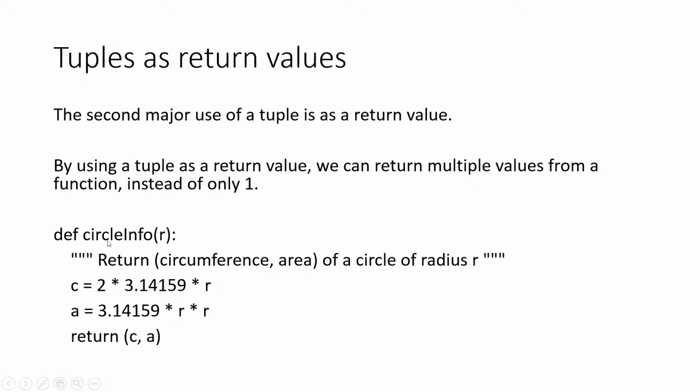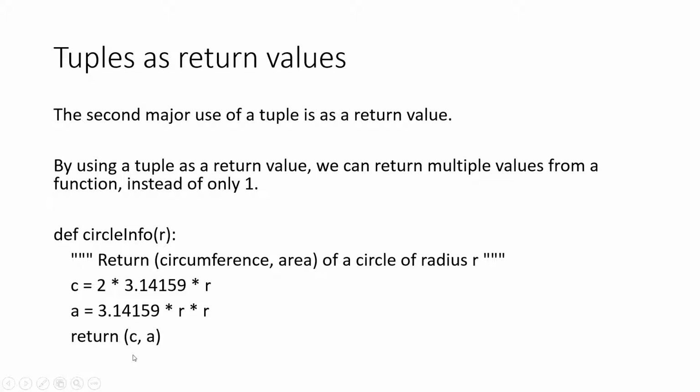So if you look at the code here, we want to find out the circumference and area of a circle with radius r, and we want to do this in a single function. Now obviously we could write a circumference function and an area function, but in this case we want to do it with just one function. So we pass in our radius r as an argument on our function, and when it comes in, we perform the correct calculations to determine the circumference, which we store in the variable c, and the area, which we store in the variable a.